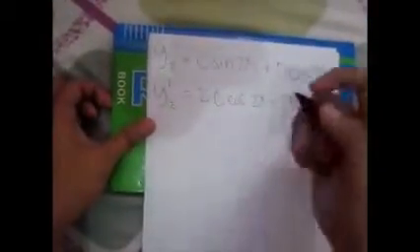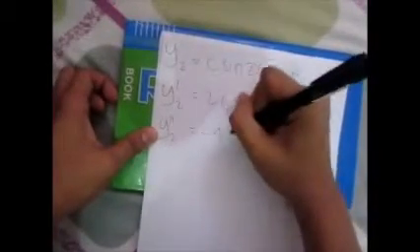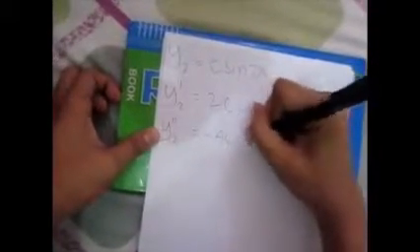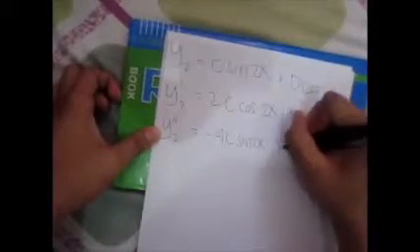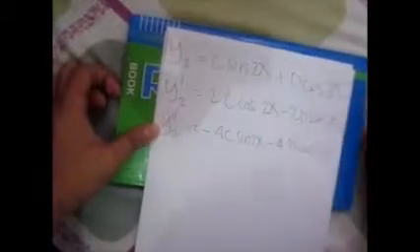Then the y sub 2 double prime will be negative 4c sine 2x minus 4d cosine 2x.